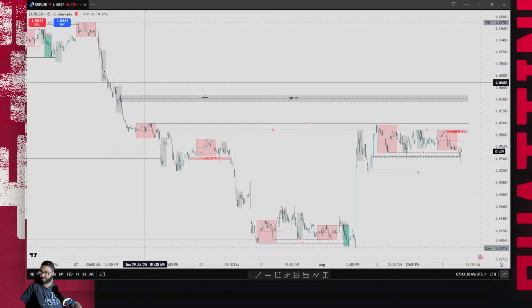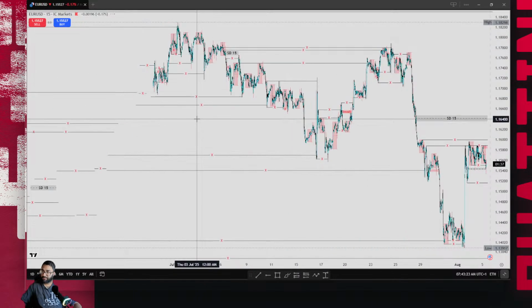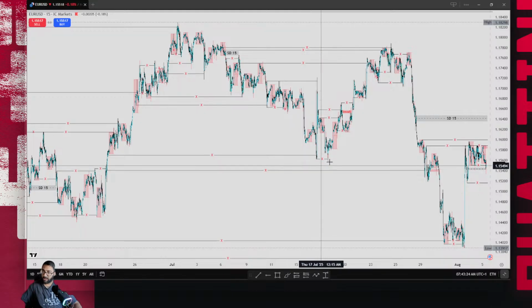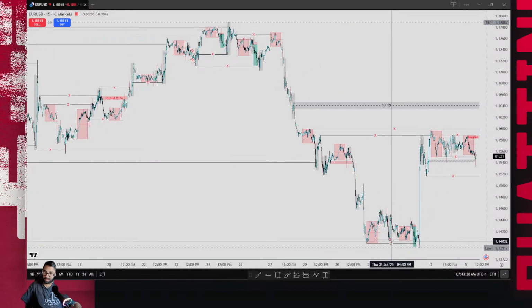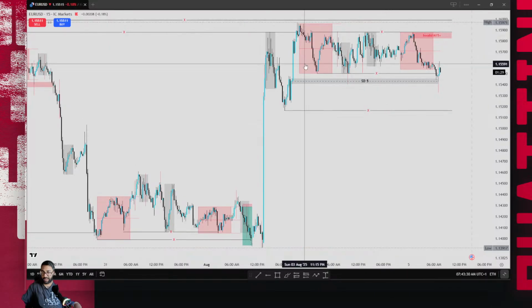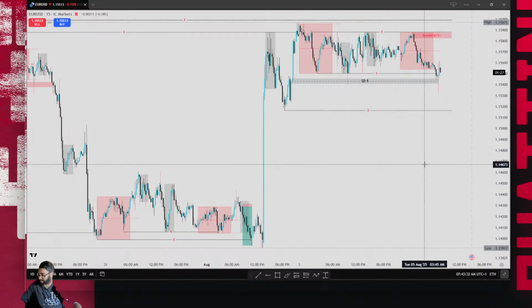So ultimately we were bearish, right? Lower high led to a lower low, led to a lower high, led to a lower low, led to a lower high, should lead to a lower low.